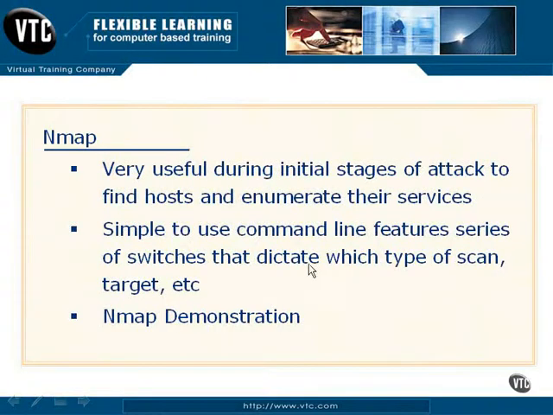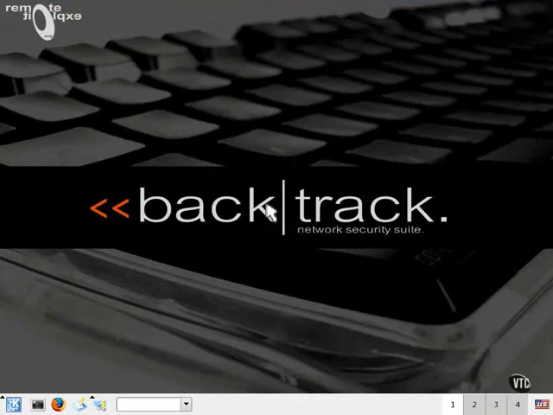The command line features have a series of switches that indicate what you want to do and what you want to do it against. So it's really easy to use, and even if you don't like using the command line, there are Nmap graphical front ends available even for the Linux operating system. So let's dive right in and take a look at an Nmap demonstration. We're going to go over some of the more common tool usage that you might frequently use.